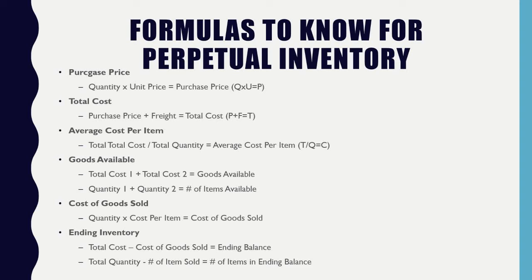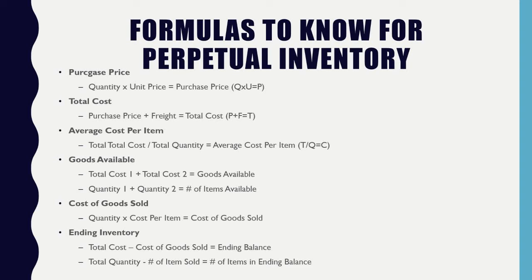In this case, that is your total cost divided by your total quantity. We've seen this before with our periodic inventory. The only difference is that this formula, the average cost per item, is going to be constantly calculated every single time we make a purchase and every single time we sell our items.